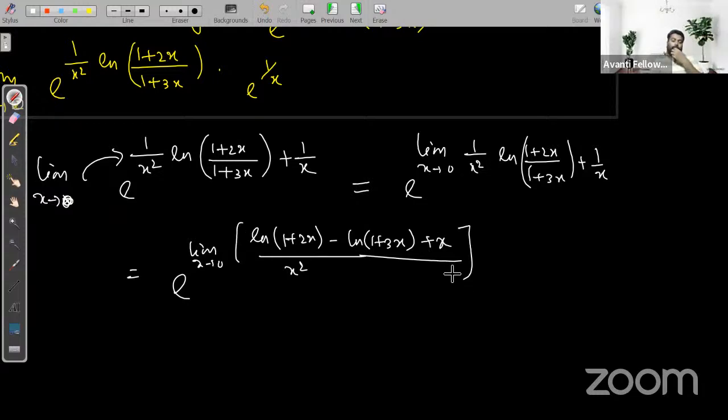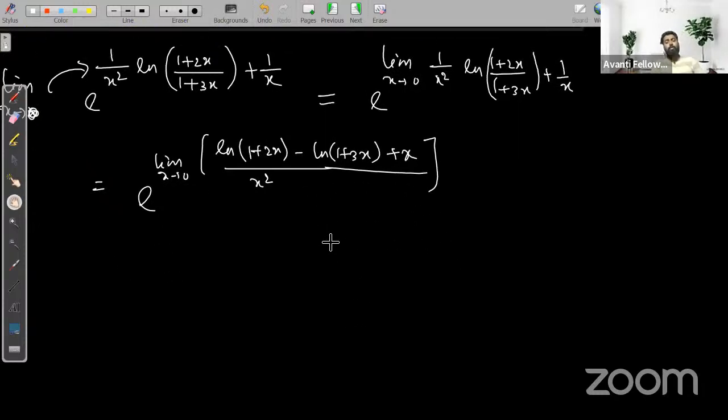Yes or no? You'll be having this. Okay, now you can check. This will be in the 0 by 0 form. Or you can also use the logarithmic series, the 1 plus x series, you can use here also.